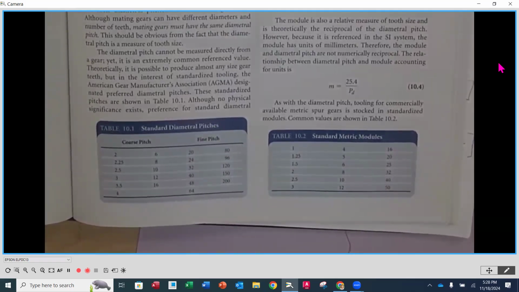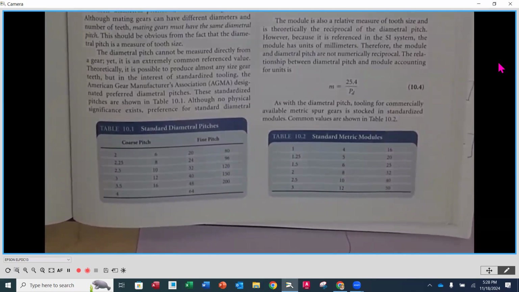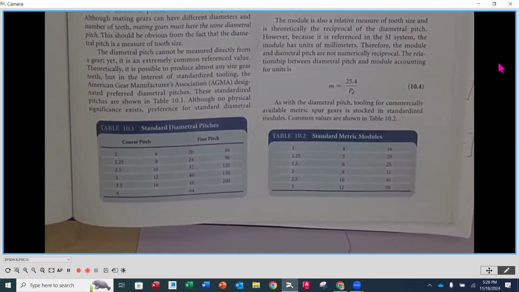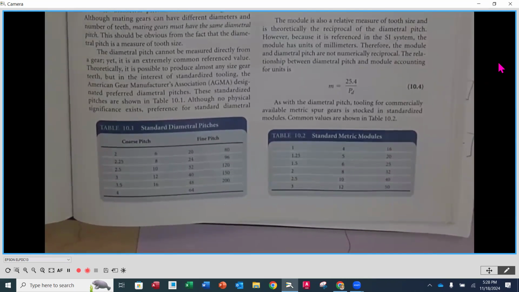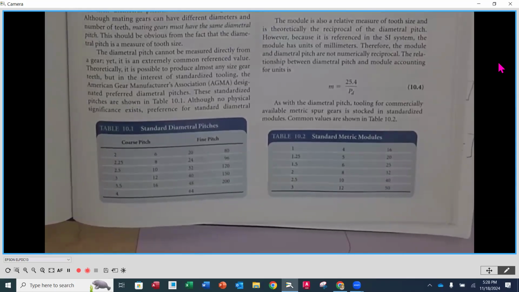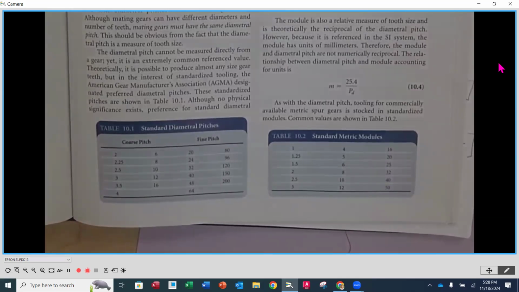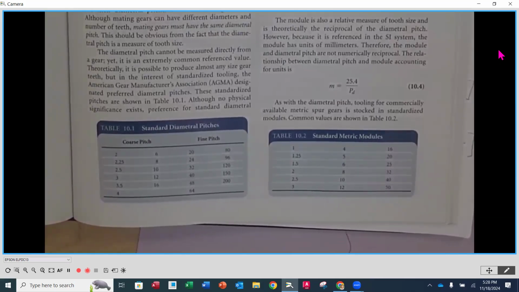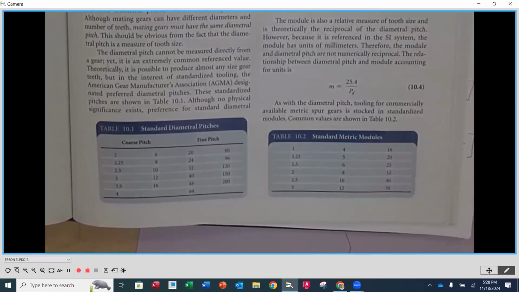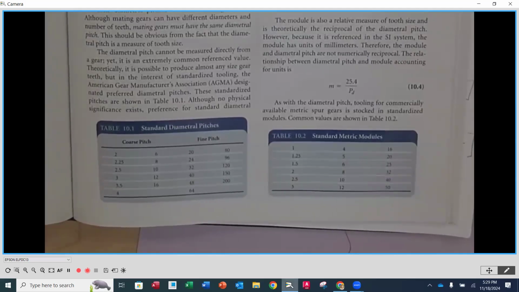You can't do a conversion between metric gears and English gears. They do not mesh. If you have a metric gear, it has to mate with a metric gear. If you have an English gear, it's got to mate with an English gear. There's not a crossover there. We will not be doing metrics for the sake of time. We're going to focus and go deeper into spur gears, and then these same things cross over, but you would just investigate if you need to do metrics at any time.